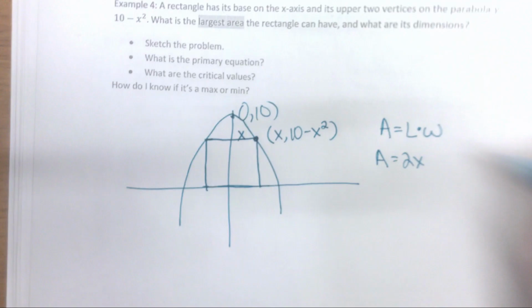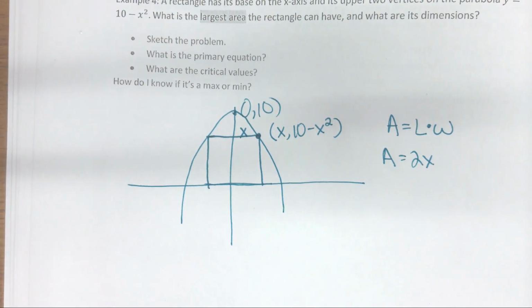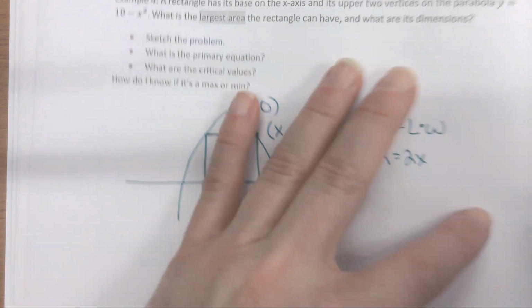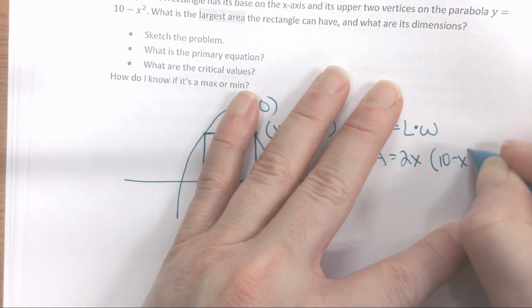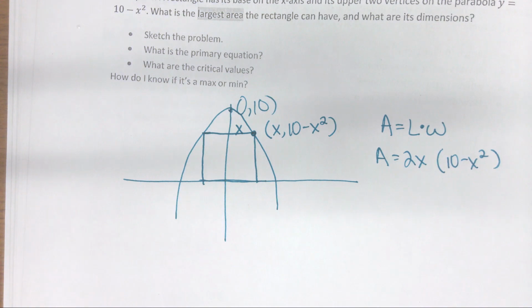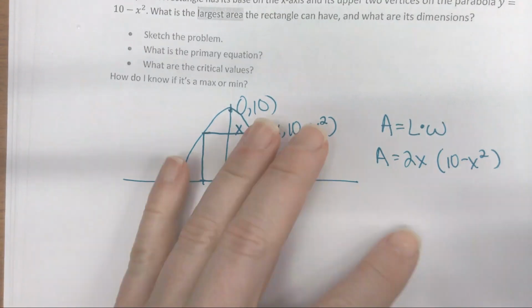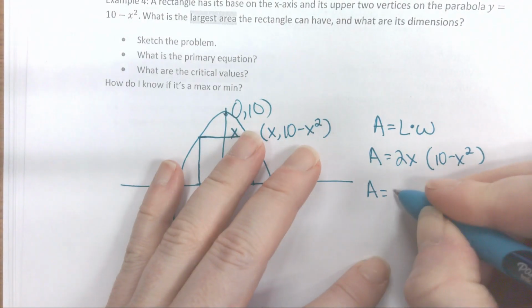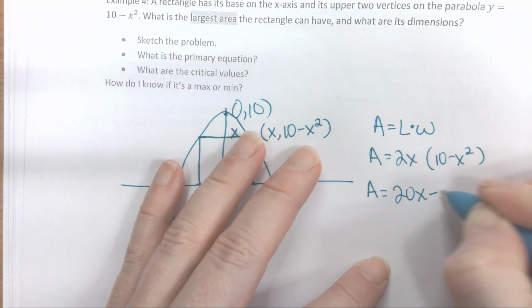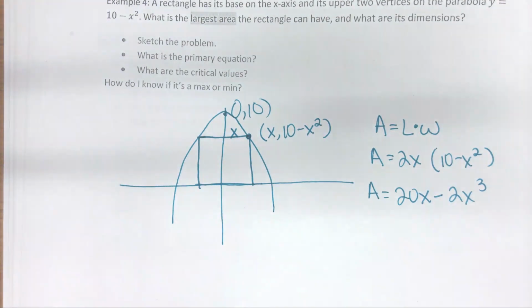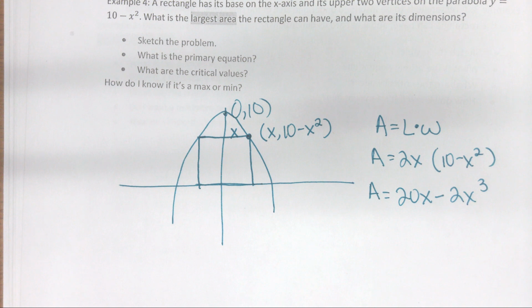What would be this distance? Would you guys expand that for me, please? Now what? Derivative. And? Set equal to 0. Okay. You try it.